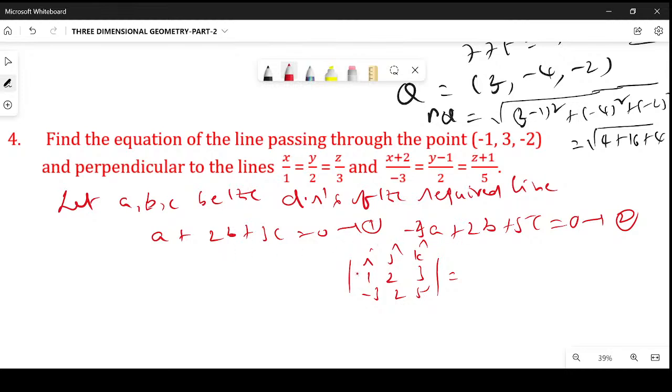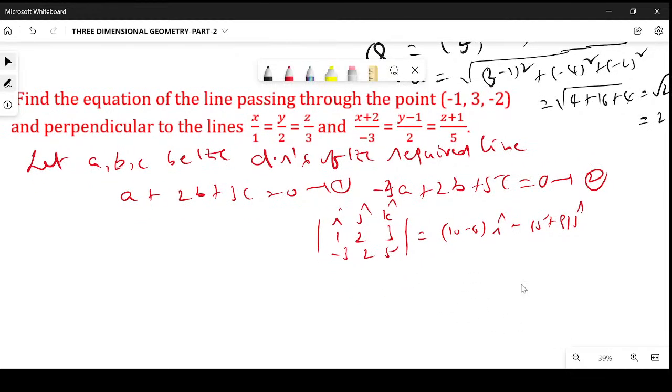Expanding, we get (10 minus 6) i cap minus (5 plus 9) j cap plus (2 plus 6) k cap.